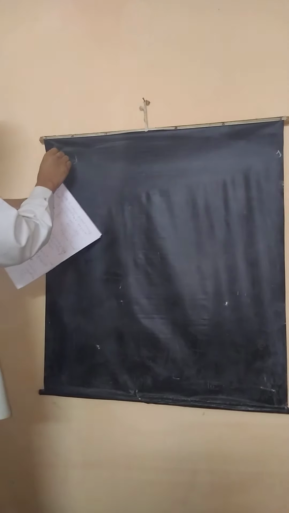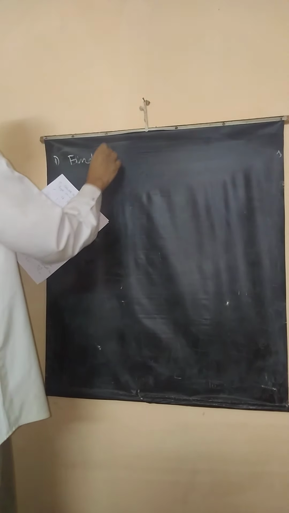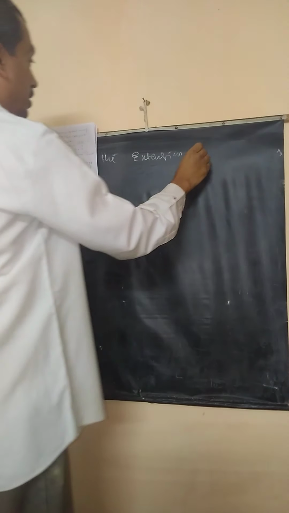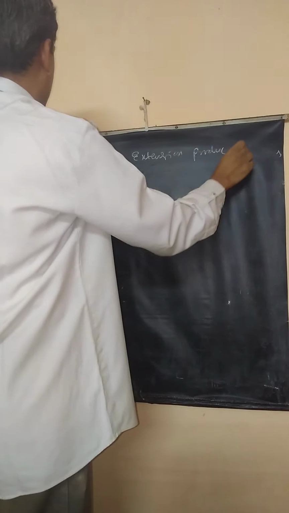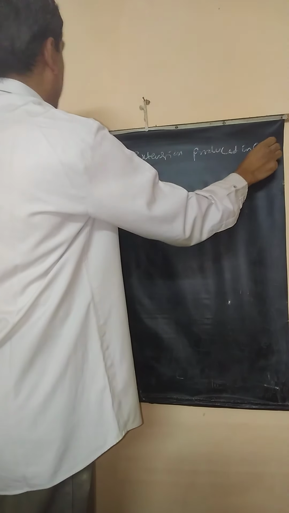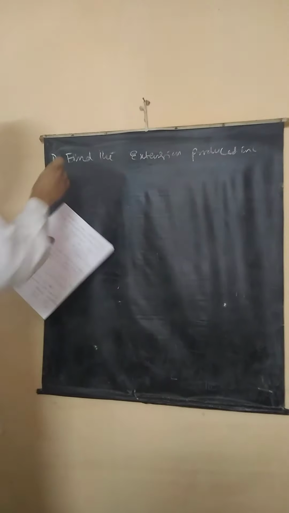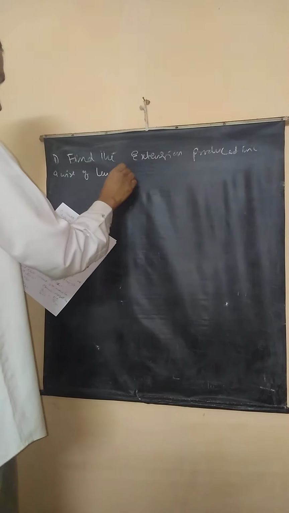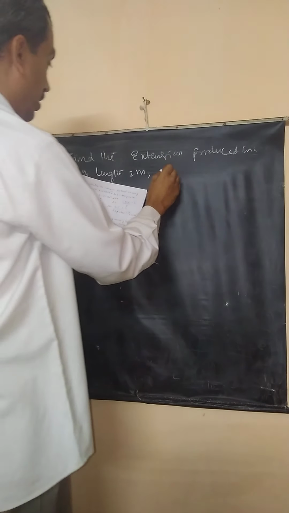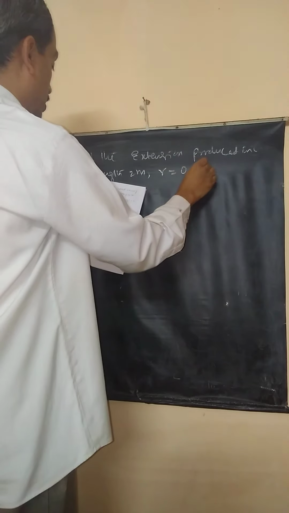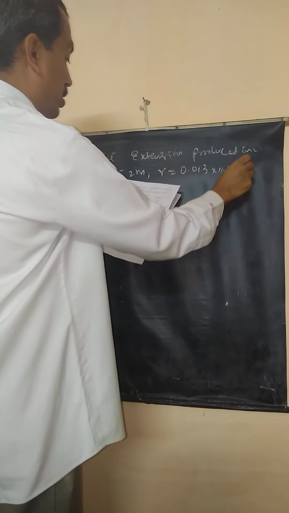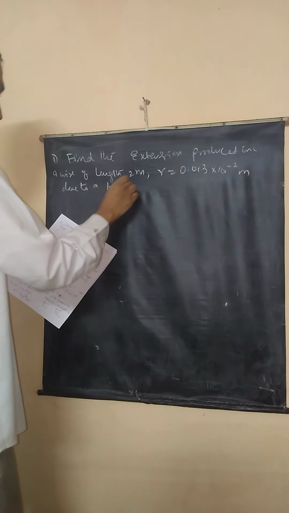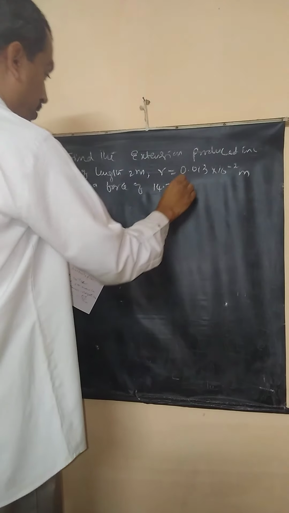Find the extension produced in a wire of length 2 meter, radius 0.013 into 10 power minus 2 meter, due to a force of 14.7 Newton.